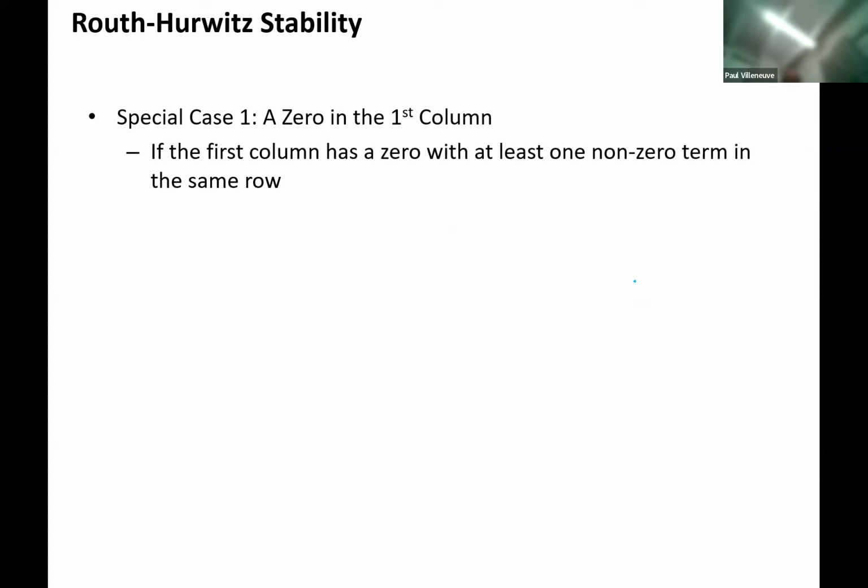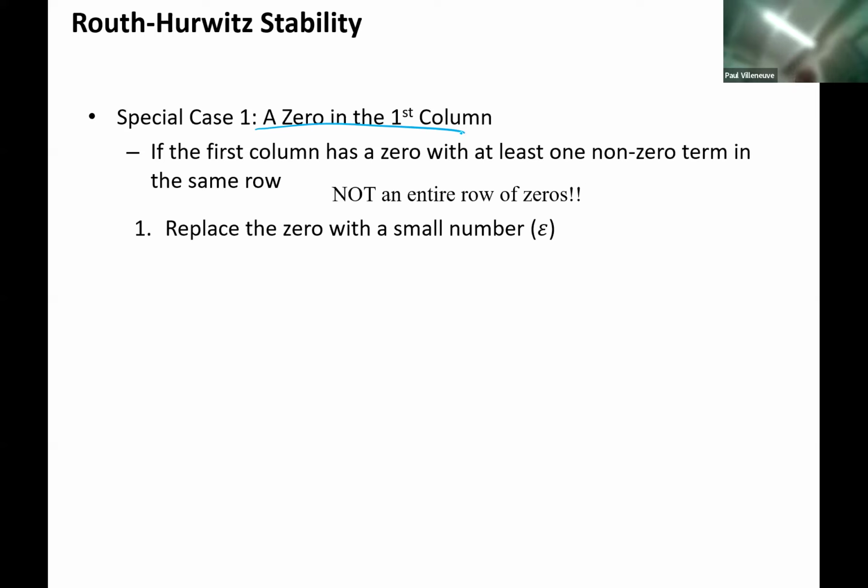What's the first solution? If the row has at least one non-zero term. So you have a 0 in the first column, but the other terms in that row have numbers, or at least one number. Then that's called special case number 1. You've got a 0 in the first column. So what do we do?